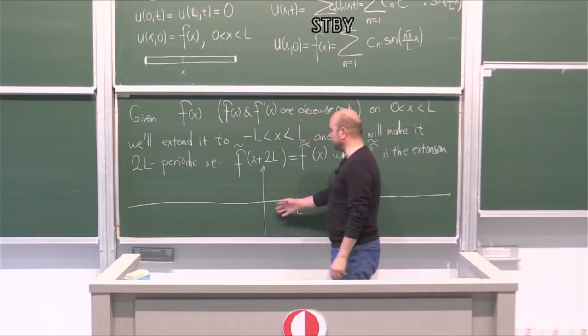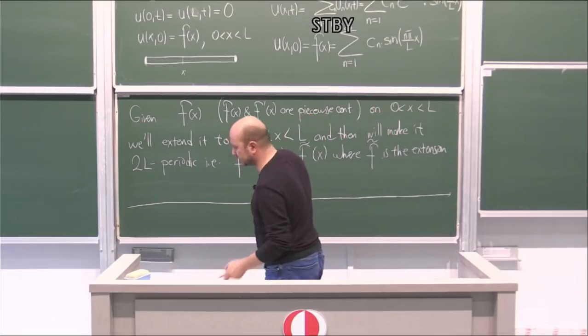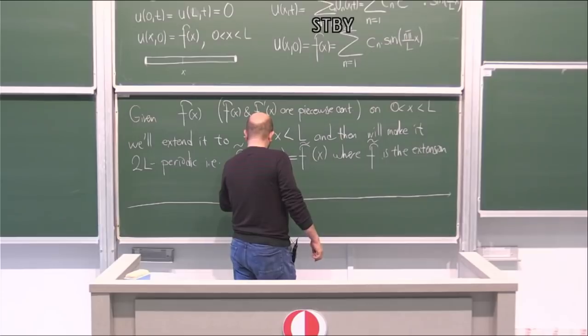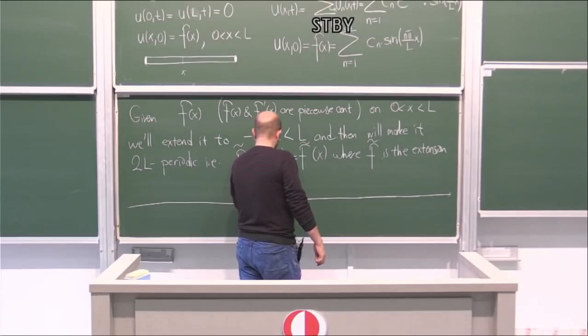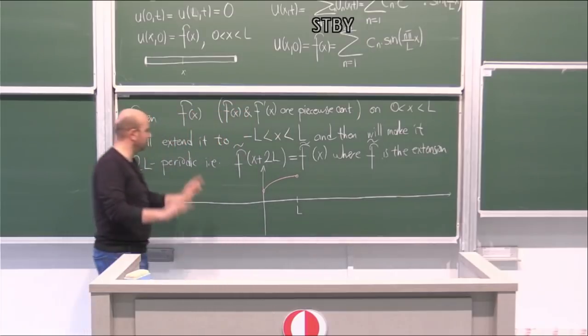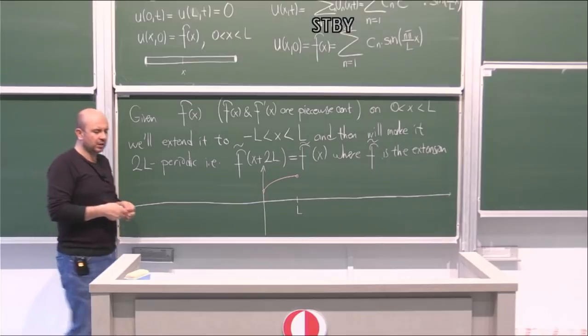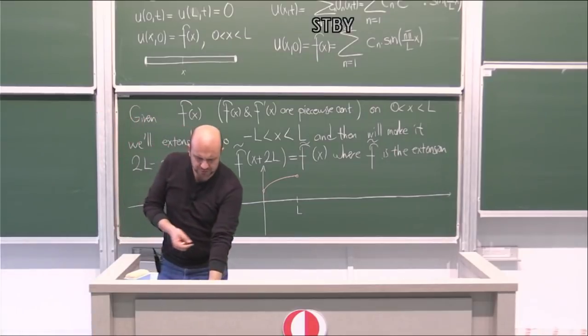So what I mean, graphically: we are just given a function between 0 and L. Let's say we are given such a function. Only this is given. So now I can't compute its Fourier series.